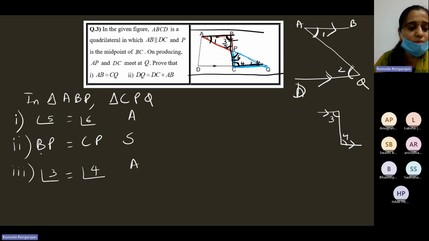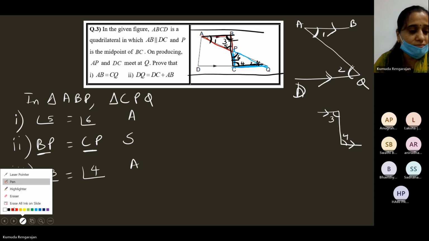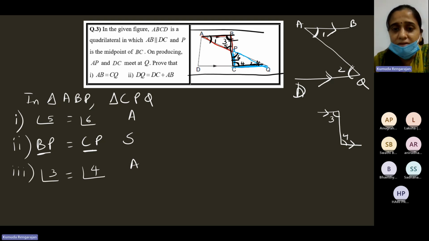Because you have mentioned BP and CP. See, this is BP. BP contains angle 3 and angle 5. Angle 3 is here, angle 5 is here.